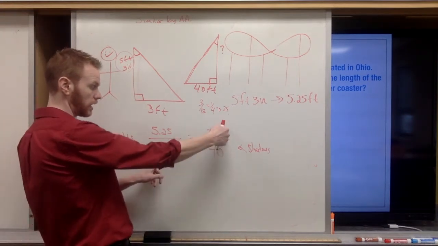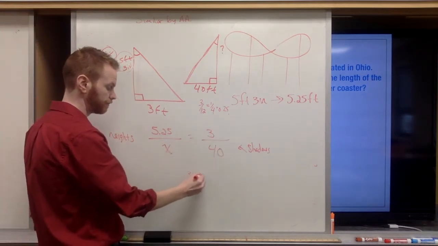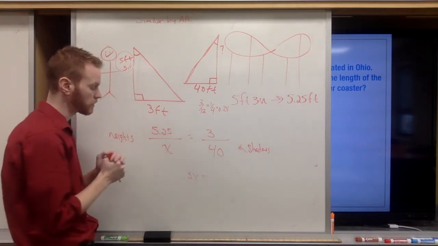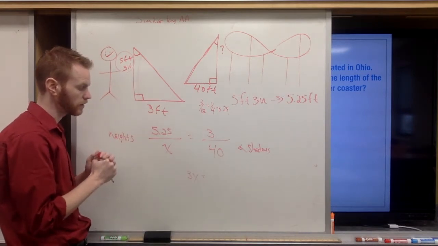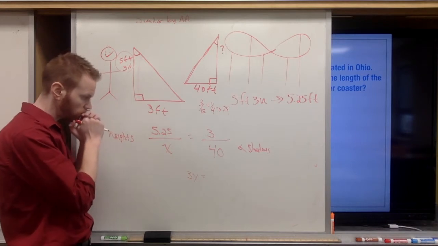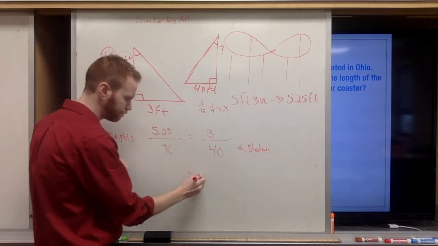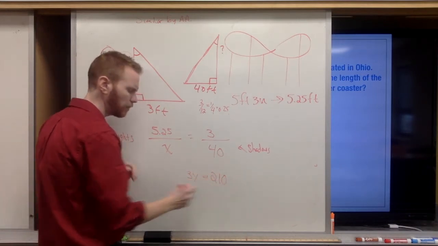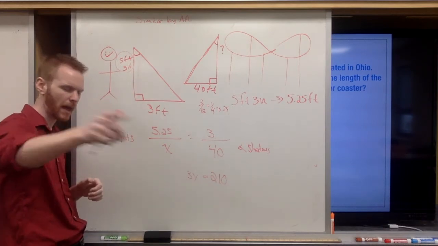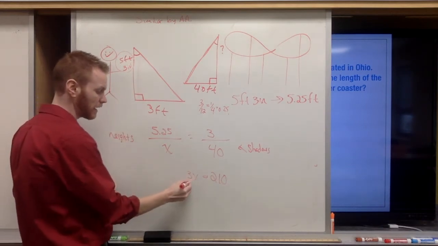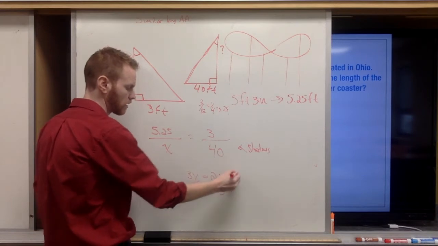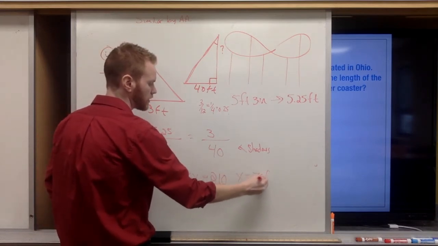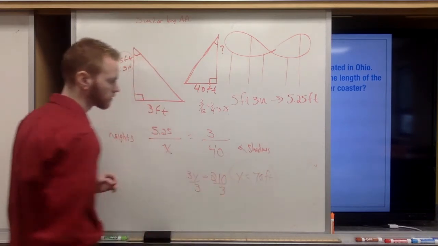Now we cross multiply. So this would be 3x. And on the other side, 40 times 5.25. Let's see, that's going to be 210, I believe. Okay, double check my math. And then for the last step, divide both sides by 3. So x comes out to be 70 feet. Okay?